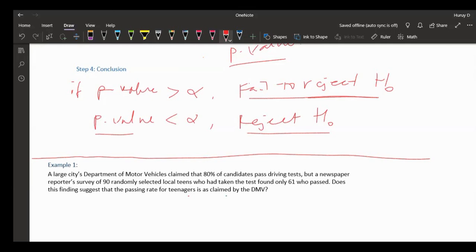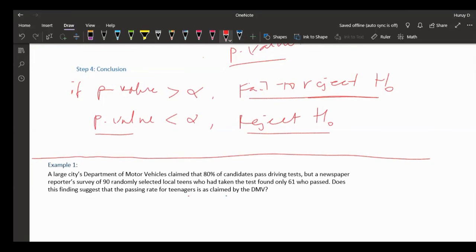Remember, when they don't find enough evidence, it doesn't mean the defendant is innocent, right? It's just they couldn't find enough evidence. And that's what we are saying, because all the decisions that we are making are based on our sample. Our sample is our evidence now.